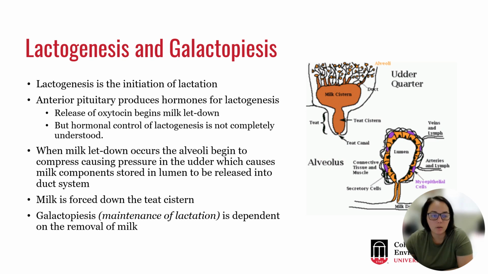Okay, so now I'm going to talk a little bit about lactogenesis and galactopoiesis. So lactogenesis is the initiation of lactation, and the anterior pituitary produces the hormones that help with lactogenesis.